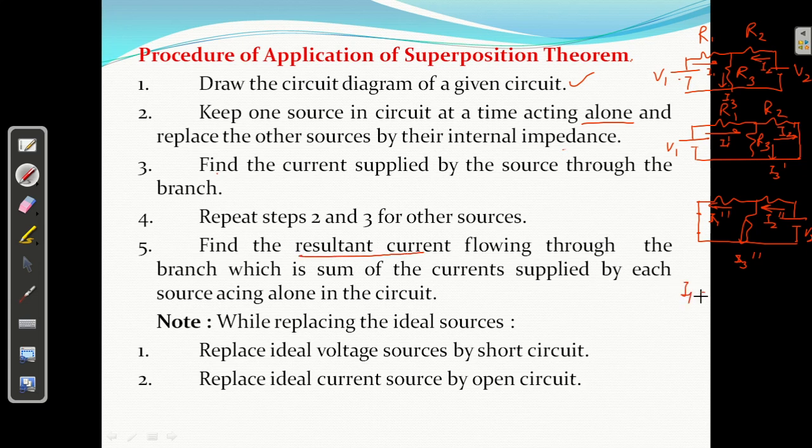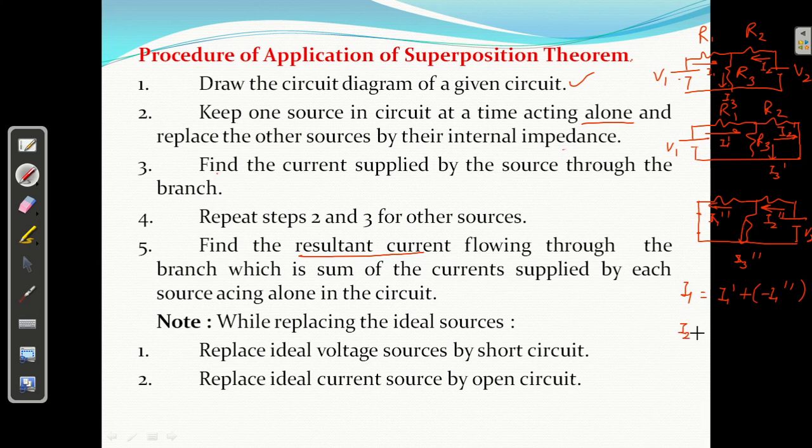How do we find it? I1 equal to what? See, I1 single dash is in the same direction, so I1 dash, but I1 double dash is opposite. So as per the rule, the actual current is the sum of all the currents flowing through that branch. I1 double dash direction is opposite, so it is minus.